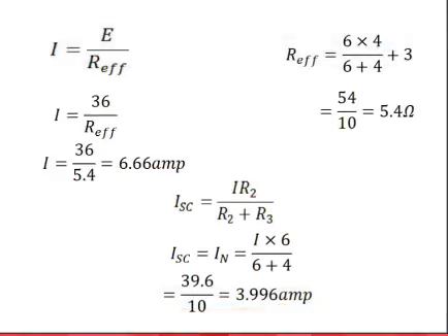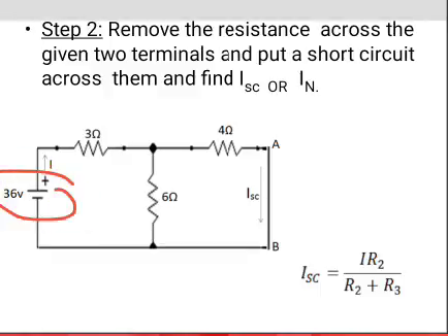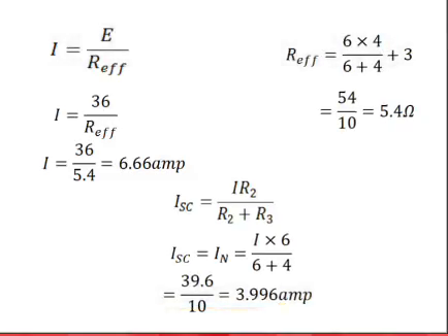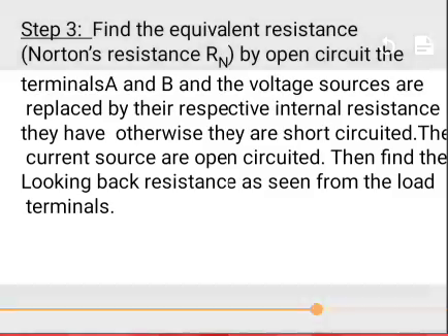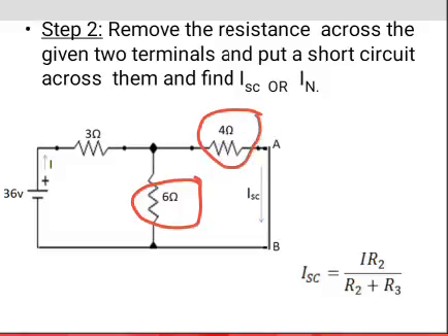First, we must calculate the value of I. You know, I equals E divided by effective resistance. The E value is 36 volts. So, R effective equals 6 into 4 divided by 6 plus 4, plus 3. That means 6 and 4 are parallel, so 6 into 4 divided by 6 plus 4.